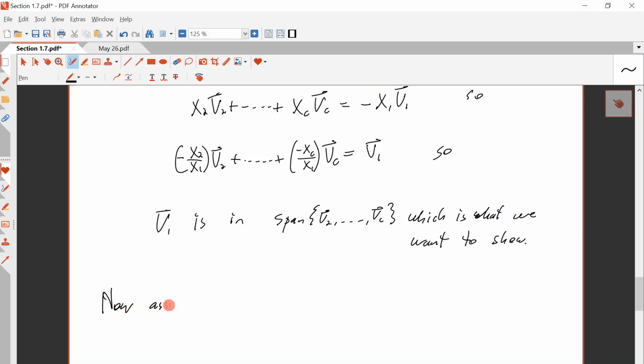Now, assume that v1 is in the span of v2 to vc.